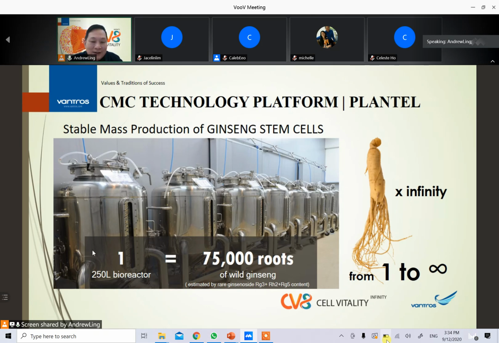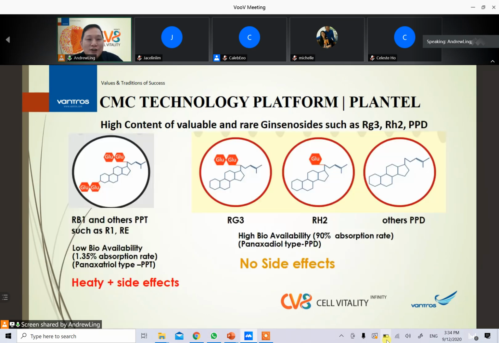Another very important thing is that through this CMC technology platform, the CMC stem cell that we produce for this wild Korean ginseng contains a lot of valuable and rare ginsenosides such as RG3, RH2, and PPD.